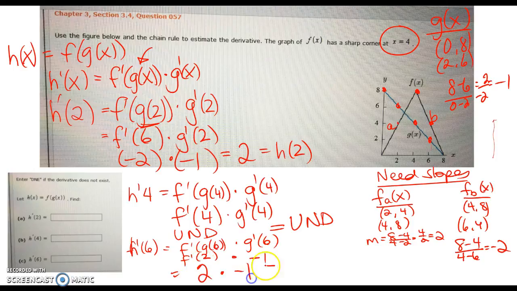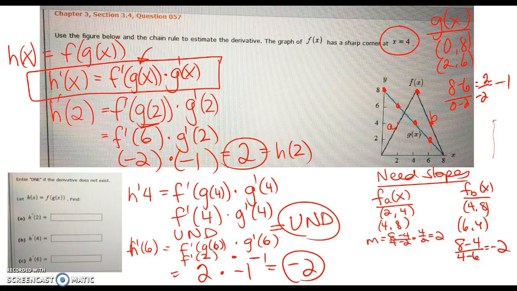So 2 times negative 1 equals negative 2. So those should be the 3 answers they're looking for. But basically, the key to understanding the composite function is making sure you know how to take the derivative of it. And when we have lines on these graphs, the derivative is simply the slope of the line. So we had to figure those out to do this.